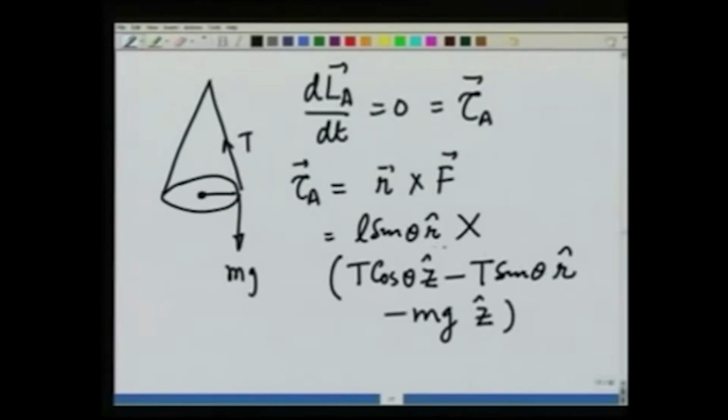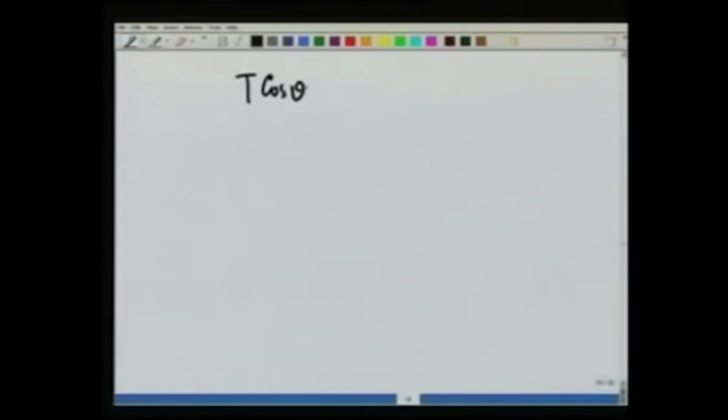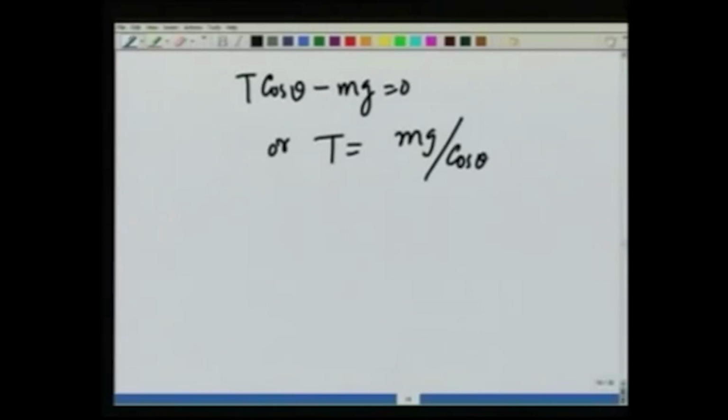R cross r is 0, and therefore, when I take torque about A, I get T r cross z is minus phi, T cosine theta minus mg times L sin theta in minus phi direction, and this must be 0, because dL_A dt is 0, and this gives me T cosine theta minus mg is equal to 0, or T equals mg over cosine theta, which is the same result as I obtained from Newton's second law, direct application, F equals dP dt.